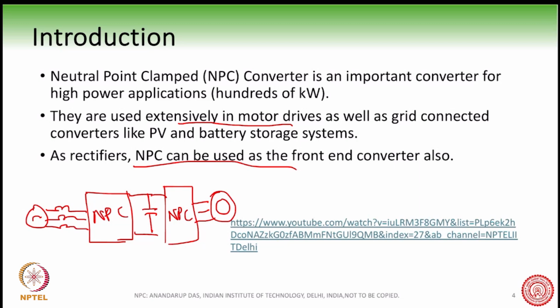This is also true for a neutral point clamped converter, and this is generally used for high power applications.